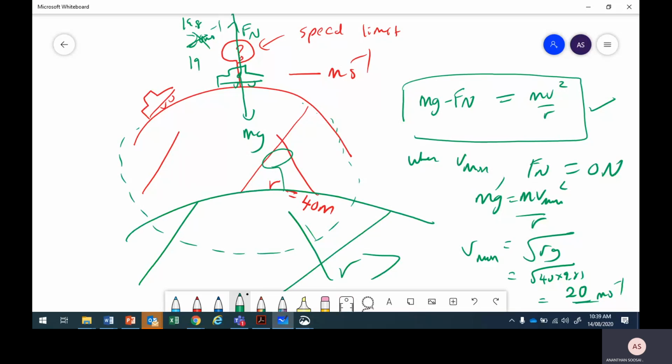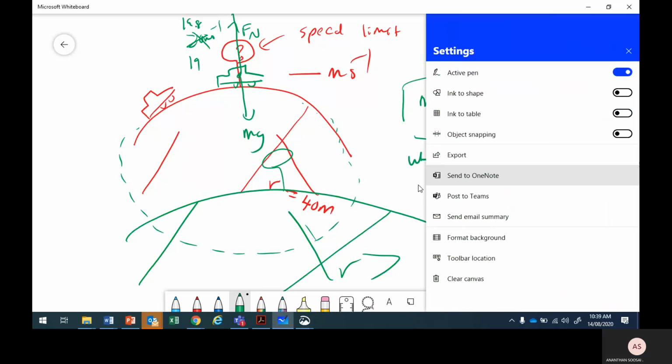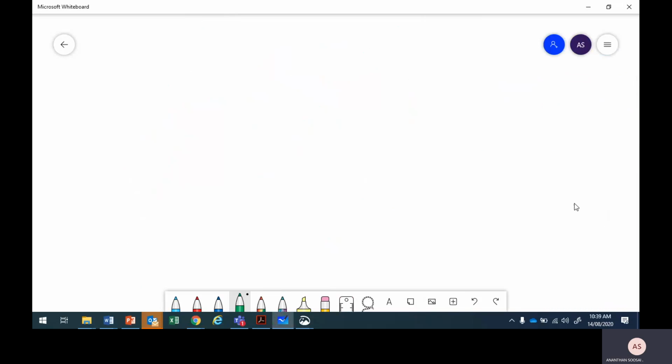Okay, so another one, the last one. Another one is the bucket, a bucket with water inside. The water in the bucket is around 20 kilograms. 20 is quite heavy, so let's go for 5 kilograms.